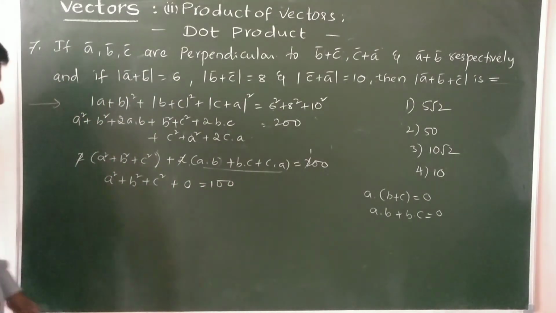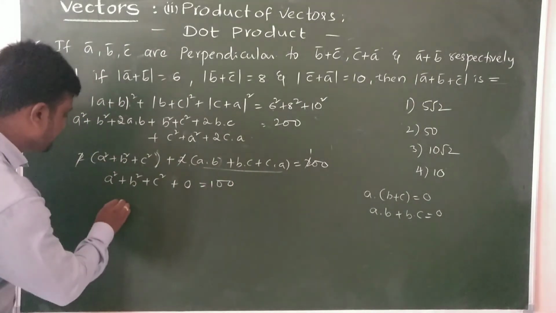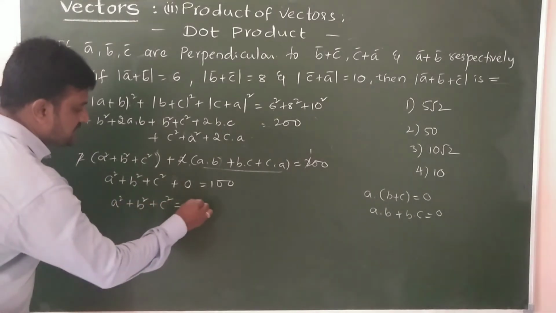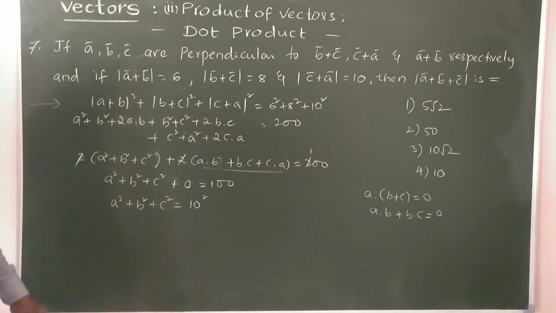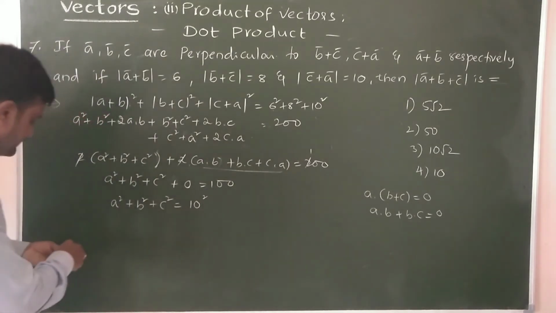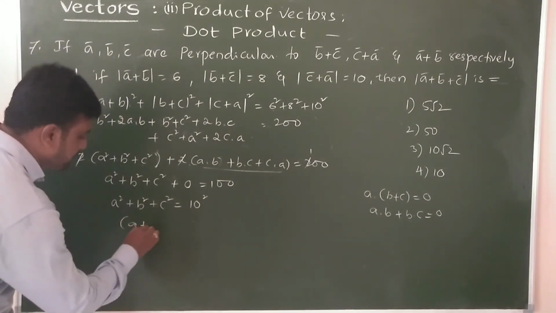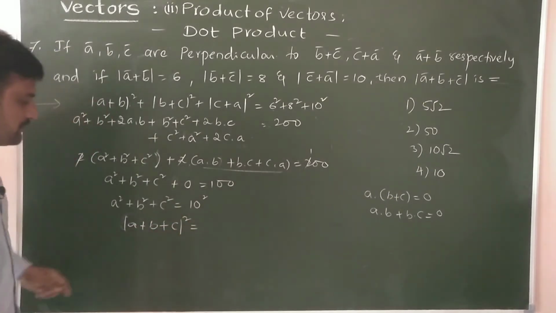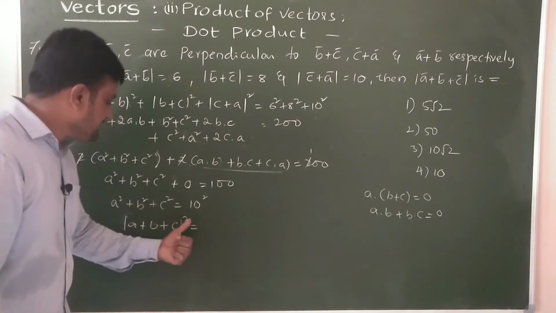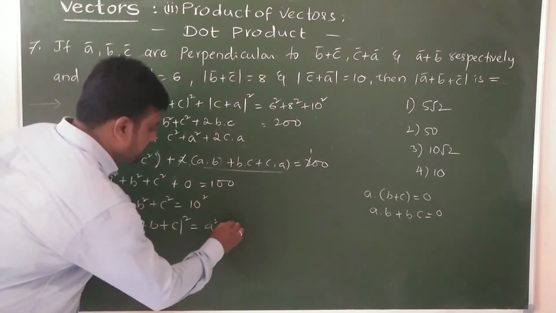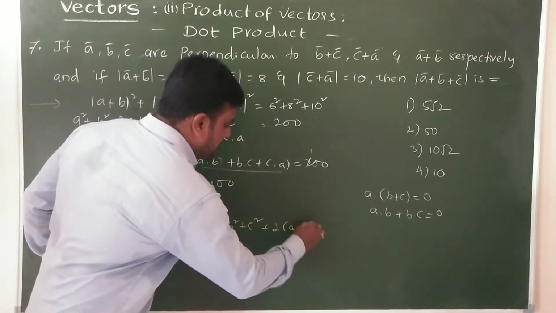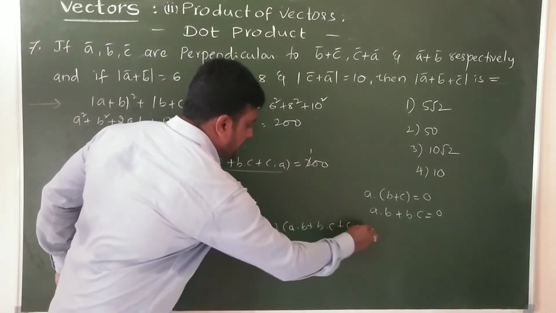Then 100 plus 0 is on this side, so a square plus b square plus c square equals 10 square. Now shall I write it like this? |a plus b plus c| whole square equals a square plus b square plus c square plus 2 (a dot b plus b dot c plus c dot a).